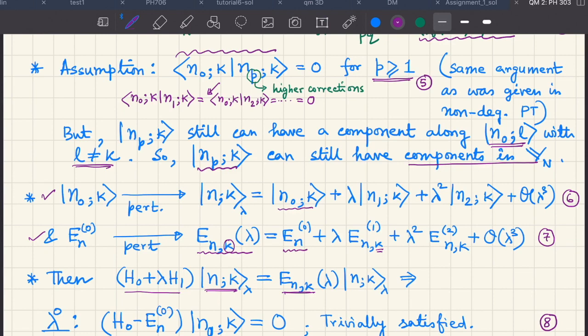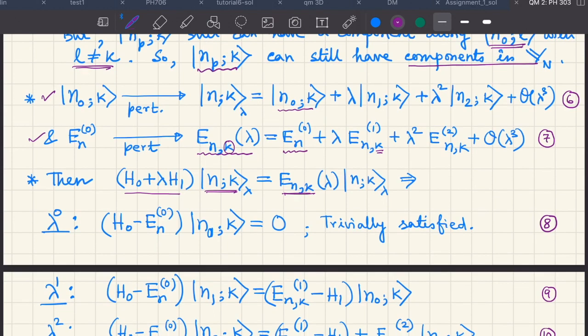So this polynomial in lambda will have different powers of lambda, and as you know already many times we have done this, the coefficients of different powers of lambda should separately be 0. So these are the equations up to order lambda square that we have derived in the last class, and this exactly goes in the same manner that you have followed in case of non-degenerate perturbation theory. So there is no complicacy in that.